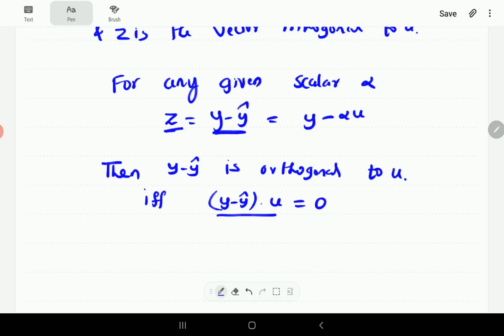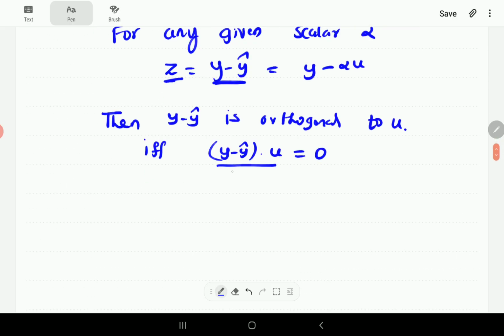If their inner product is 0, then we say they are orthogonal. So what is y minus y cap? I can write it as y minus alpha times u, dot u, and this should be equal to 0.